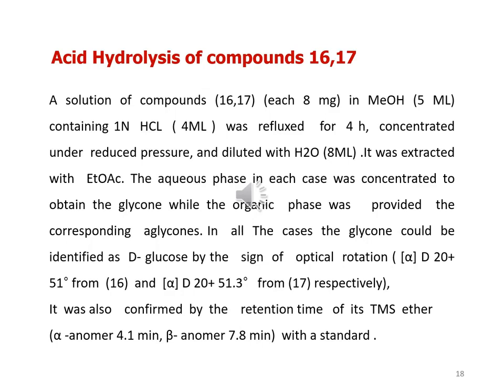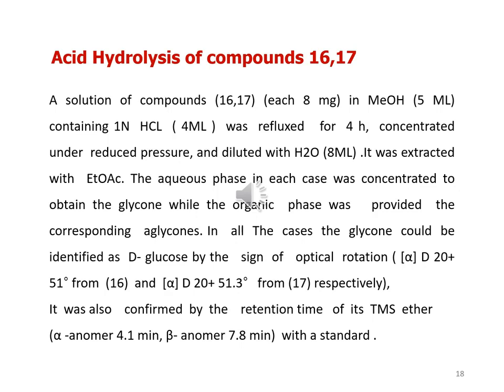A solution of compounds 16 and 17, each 8 mg in 5 ml methanol containing 4 ml of 1 normal hydrochloric acid, was refluxed for 4 hours. It was concentrated under reduced pressure, diluted with 8 ml water, and extracted with ethyl acetate. The aqueous phase in each case was concentrated to obtain the glycone part, while the organic phase provided the corresponding aglycone part.